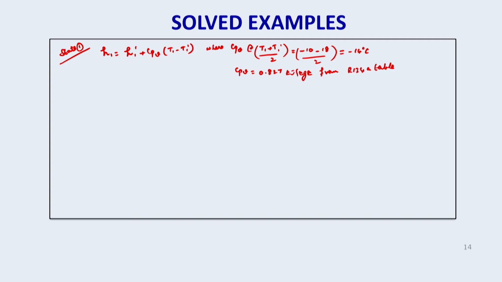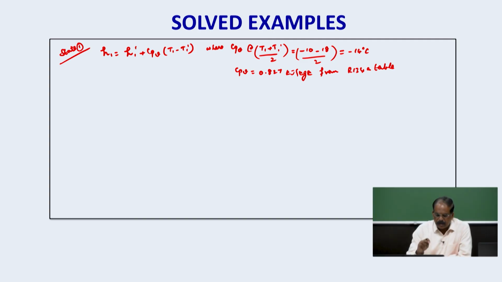Now, if we find H1 dash, we can find enthalpy at H1. Point 1 dash is lying on the saturated vapor line, so it is the saturated vapor enthalpy at temperature T1 dash. T1 dash is minus 18 degrees centigrade.